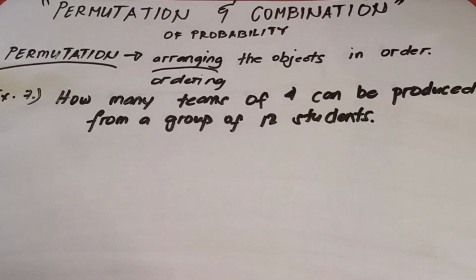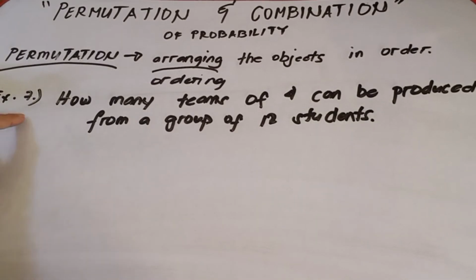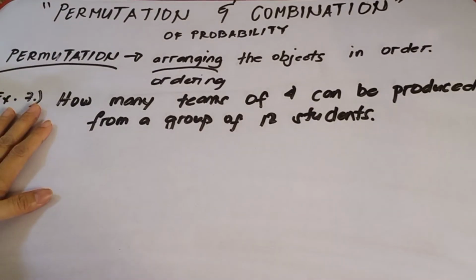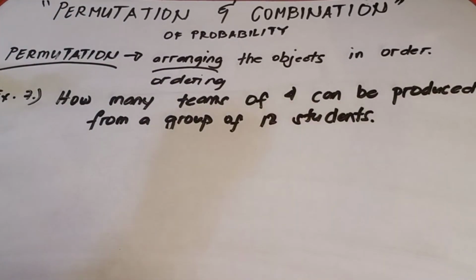How many ways or how many teams of 4 can be produced from a group of 12 students? So if we will going to analyze our problem number 7, ano yung gagamitin natin? Is it a permutation or a combination? Okay, so in this example, if you will notice, wala naman dun sa problem natin yung word na arrange or word na it should be in order.